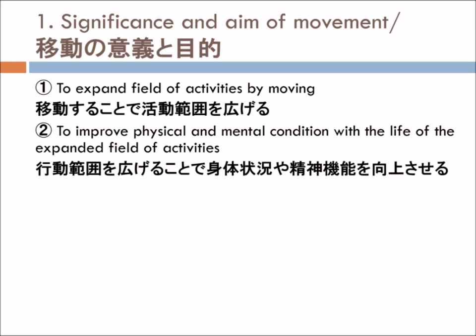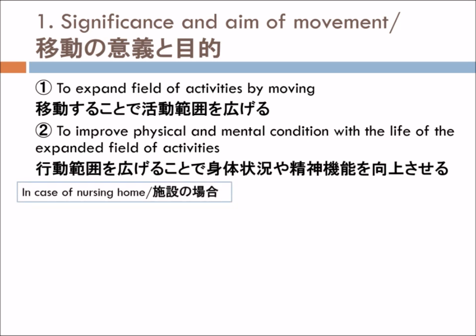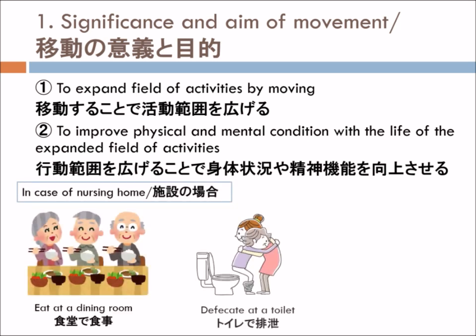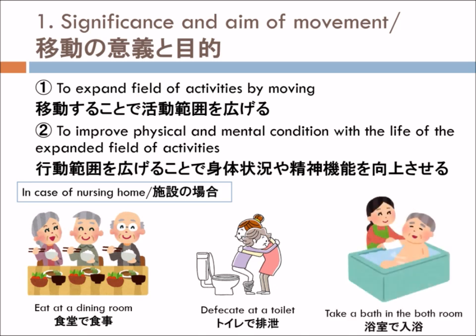A life with a wide field of activities helps maintain and improve the physical conditions and psychological function of the individual. For example, in the scene of the nursing home, eat at the dining room, defecate at the toilet, take a bath in the bathroom.